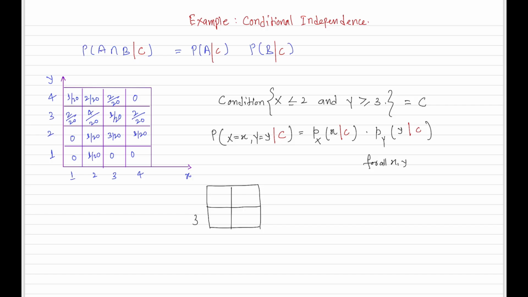And you can directly assign these probabilities. So here random variable y is taking the value 3, 4, and random variable x is taking the value 1, 2. You can directly do that even. How?